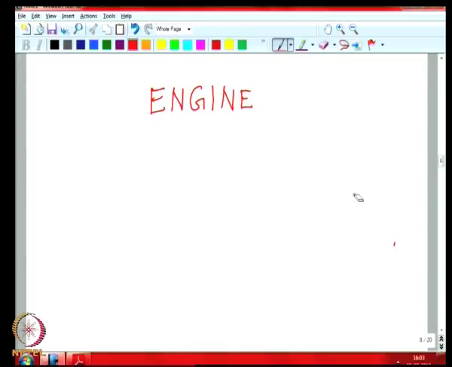So what we do is, we introduce one term for each of the letters. There are this many letters. One letter is E, another letter is N, each type of letter, and another is G and another I, ENGINE.